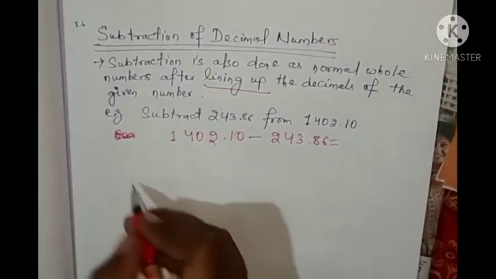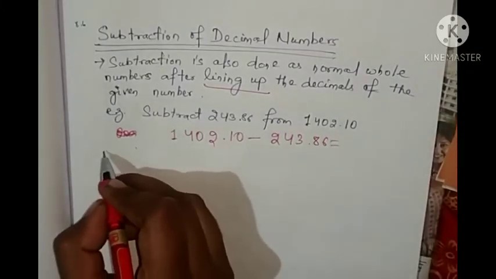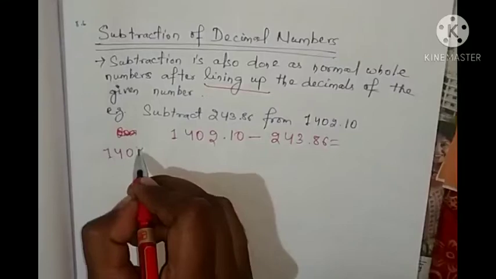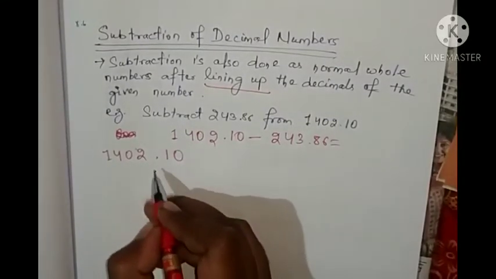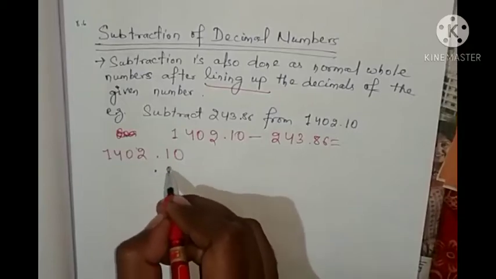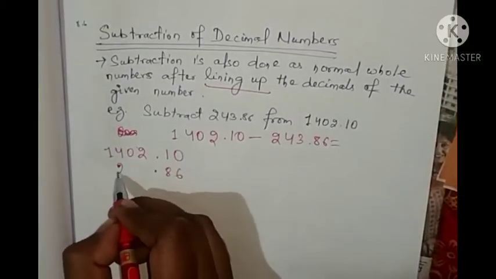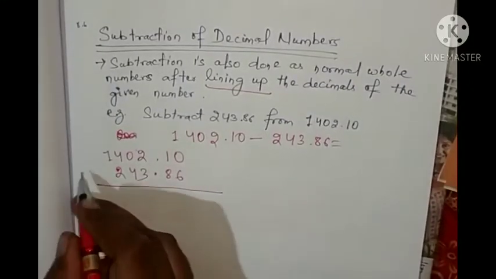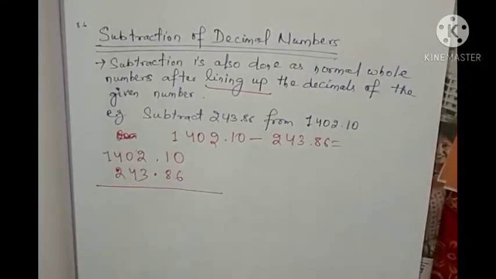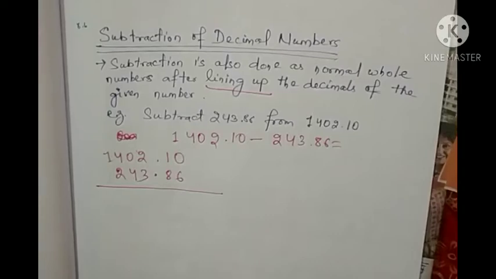We have to find out the answer. So what can we do? 1402.10, I'll line up, means put the decimal point in a single line. 86 here, 243. So now we can subtract as we do with whole numbers.